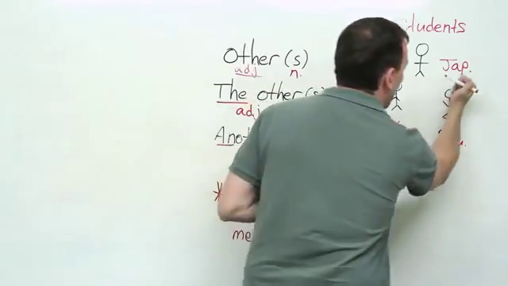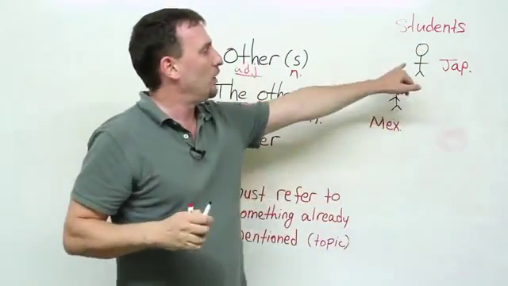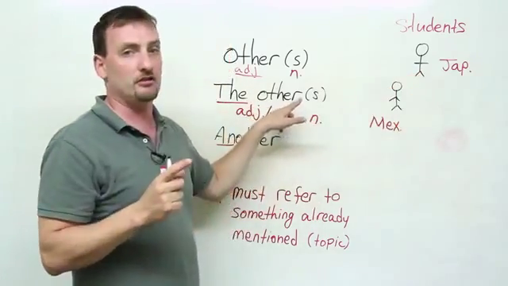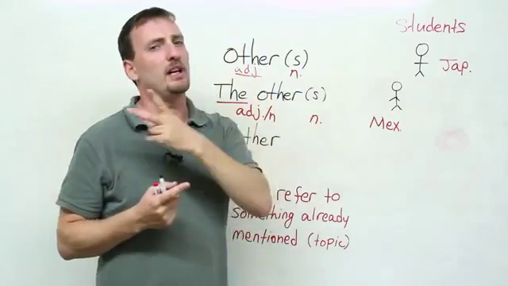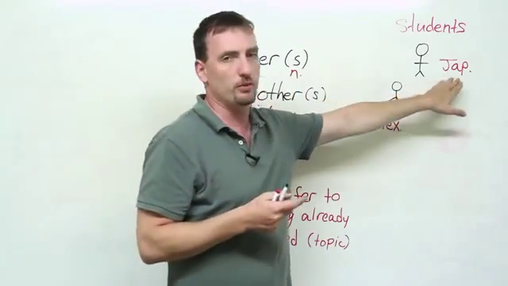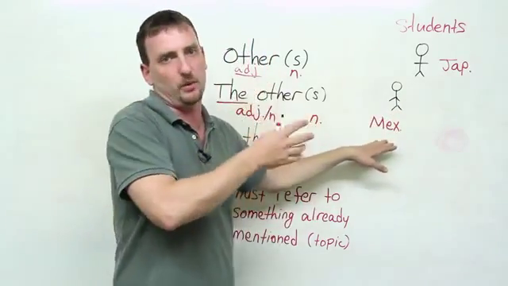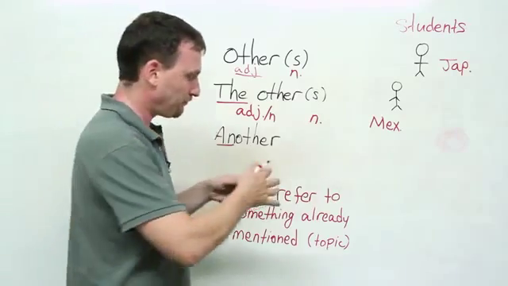Let's say I only have 2 students. One student is Japanese, the other is Mexican. It's understood because I told you I only have 2. So if I told you 1, you understand the other is automatically the second one of the 2. Okay, so I don't need to give you any more information.